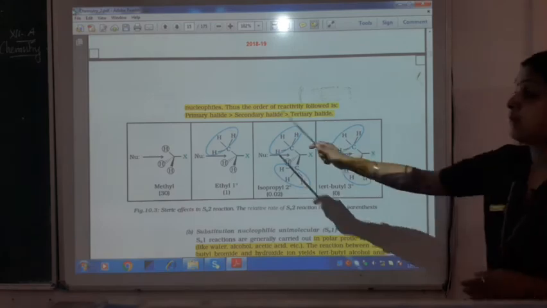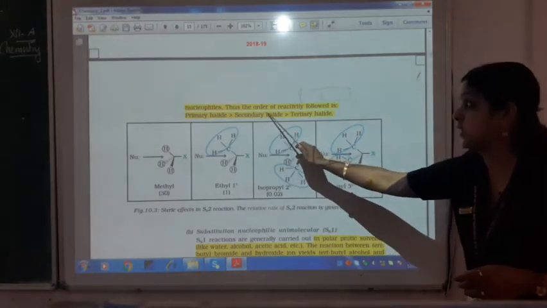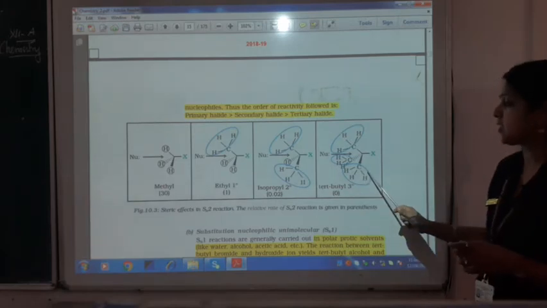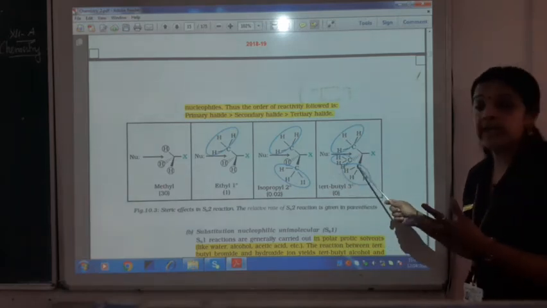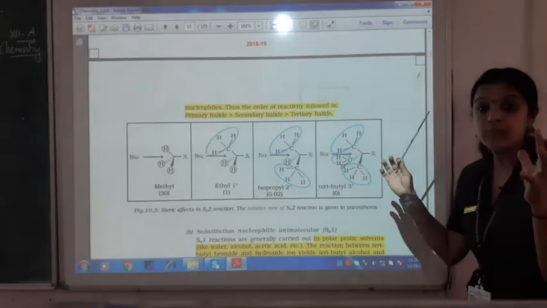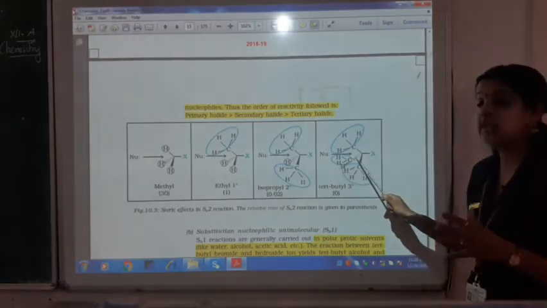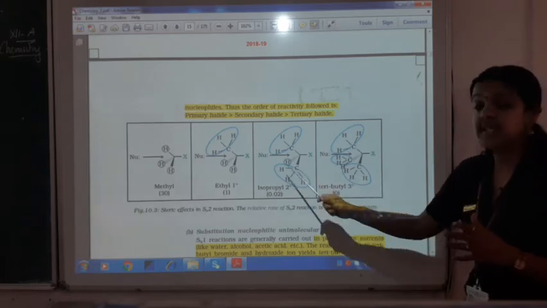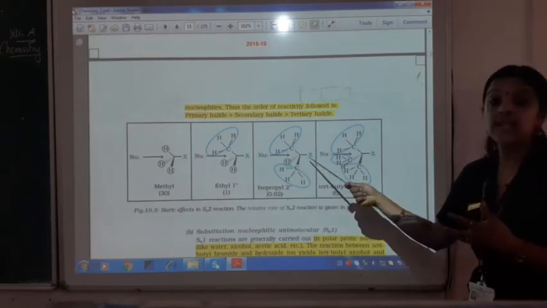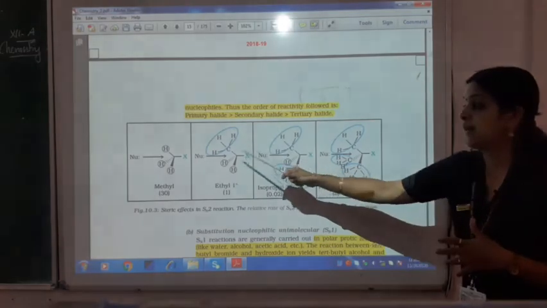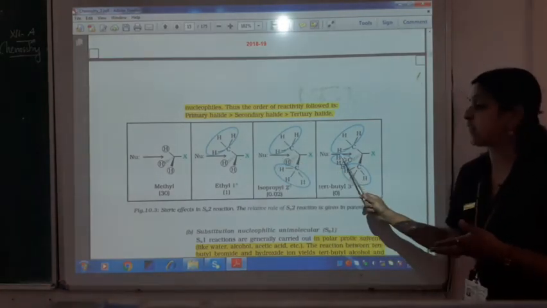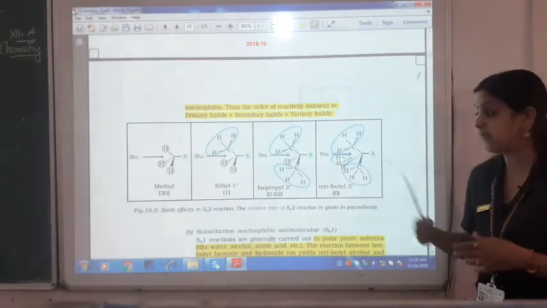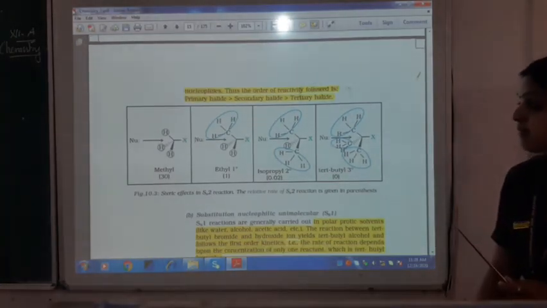If you see, primary will be more towards SN2, then comes secondary, then comes tertiary. If you see here, since this is tertiary, the nucleophile has no place to come and attack, already bulky groups are present. So the attack of the nucleophile to this carbon center is actually hindered. If you see the secondary also, similarly the attack is getting hindered. Primary, of course, not that much when compared to secondary and tertiary, so the reaction actually takes place a little bit smoothly.